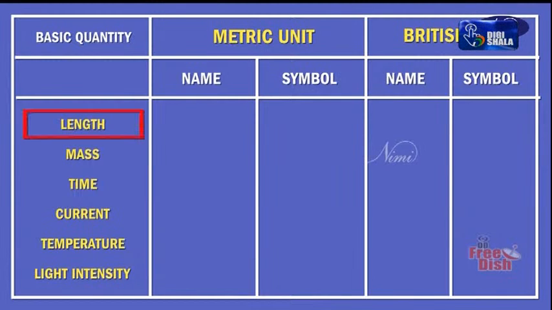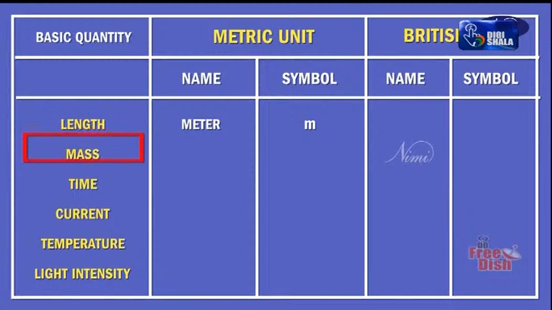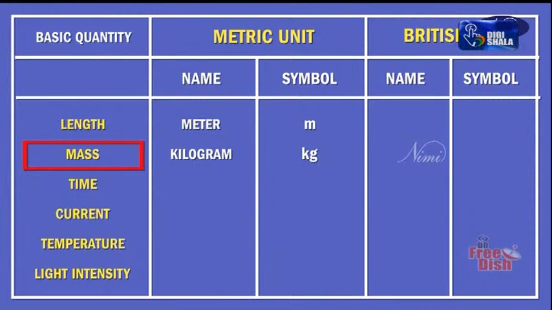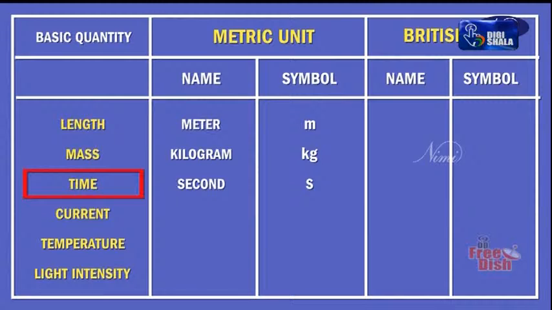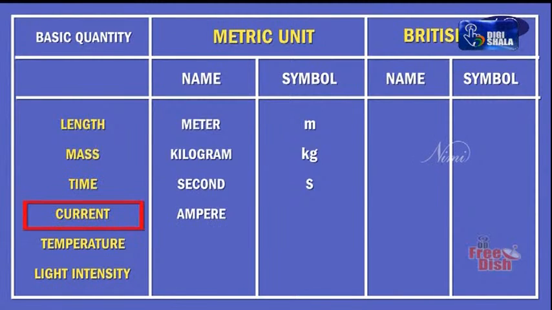Related to the name, length we can measure in meter in metric system. The symbol is M. Mass means the metric unit is kilogram. The symbol is kg. Time, the name of metric unit is second. Symbol is S. Current, the metric unit is ampere.